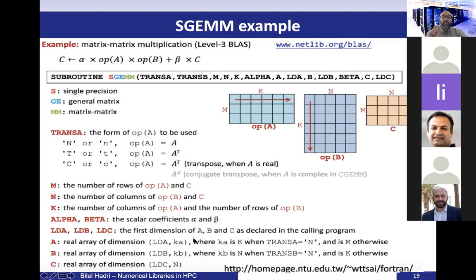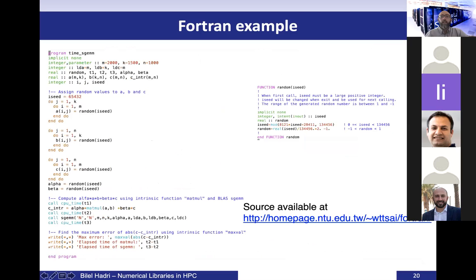For you, it will be just a call to this routine with the right parameters. Here is a very easy example for SGEMM. I'm just creating two random matrices.